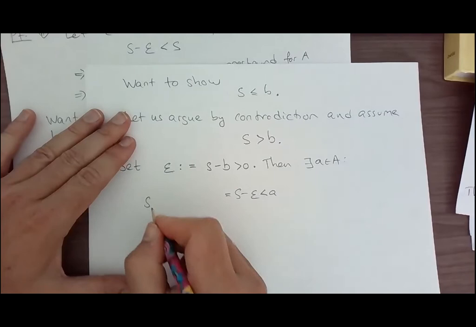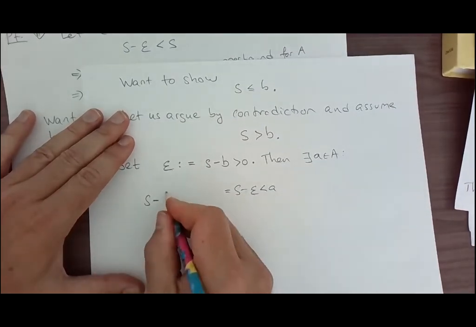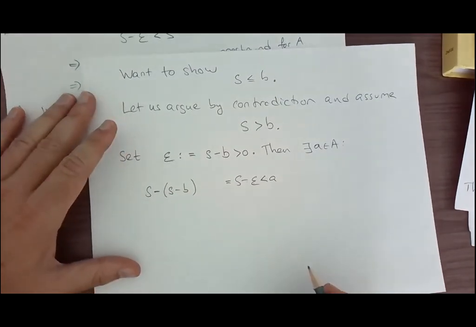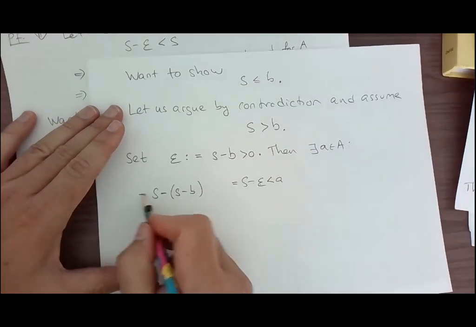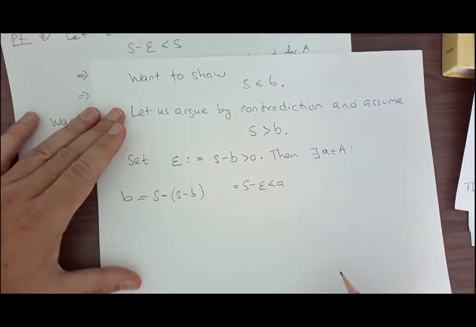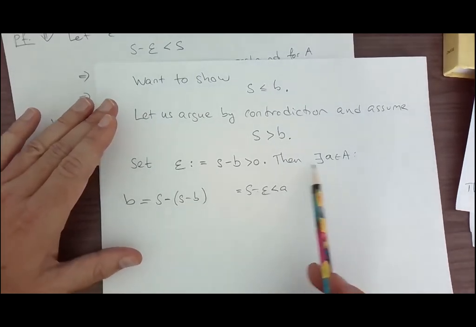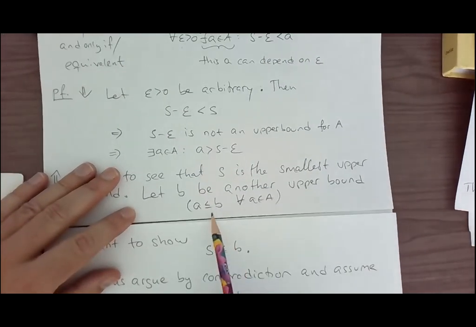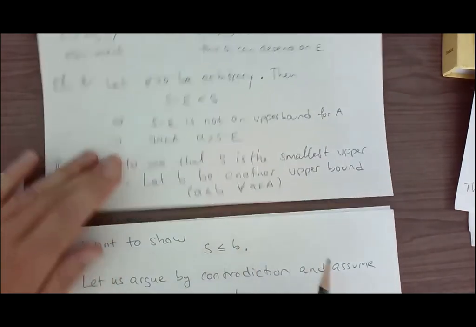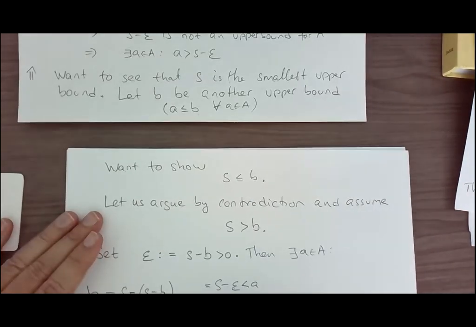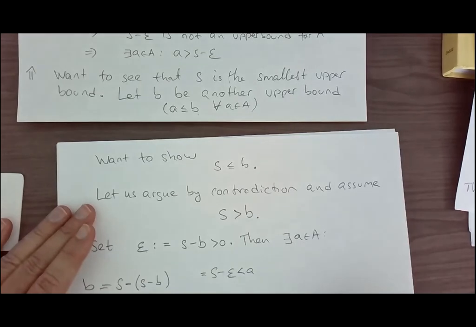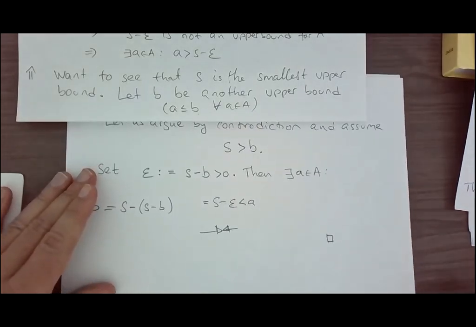This is equal to S minus, in parentheses, S minus B, and the S's cancel out, and I'm equal to B here. So now I'm getting that B is less than A, but that is impossible because B was given to be an upper bound. So this is a contradiction.